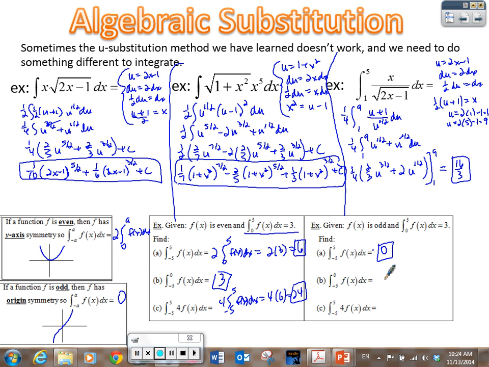Oh, good catch. Negative 3, right? Negative 3 because it's on the other side. It's the opposite of this. And from negative 5 to 5 of 4 f of x is simply going to be 0, right? 4 times 0, which is just 0. Okay, how are we with the even odd? Okay, great, great.